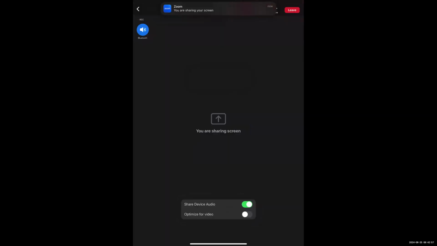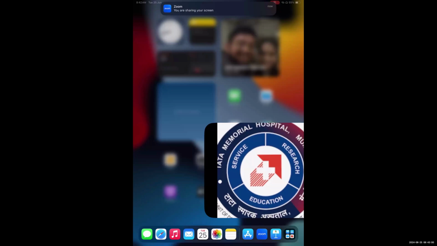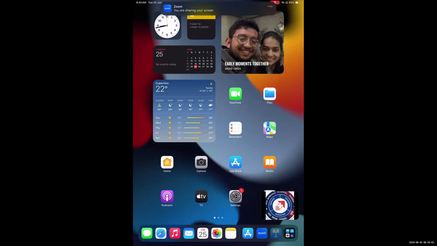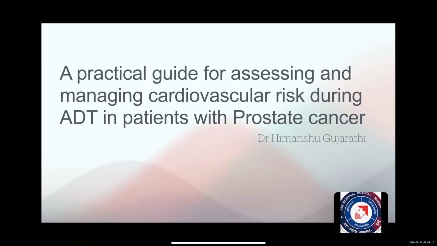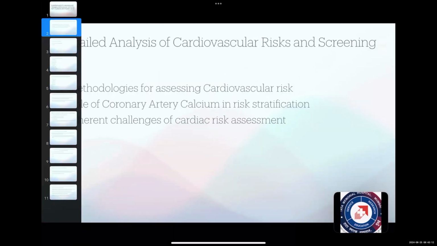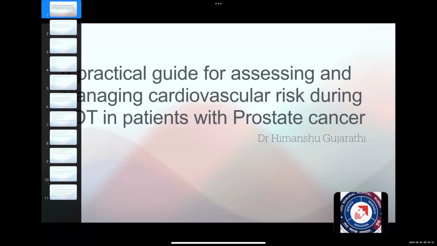Now, let's go to the further parts of this article. Dr. Manshu, would you like to share the screen? Yes, the screen is well visible.